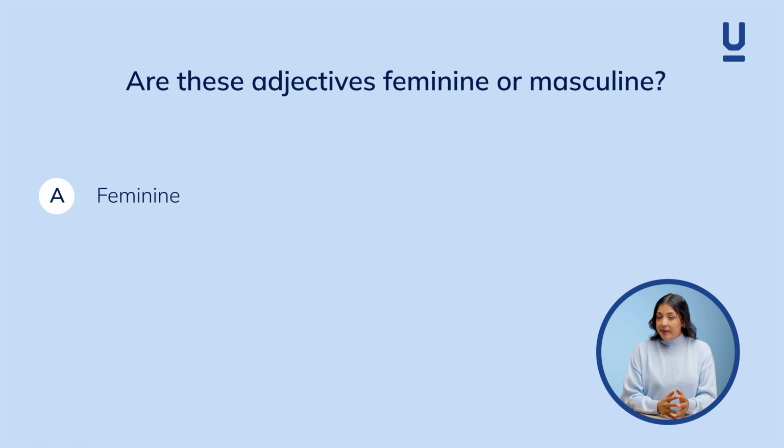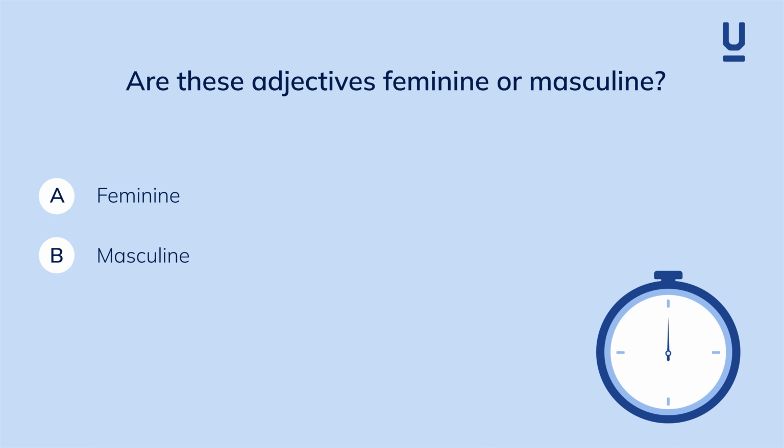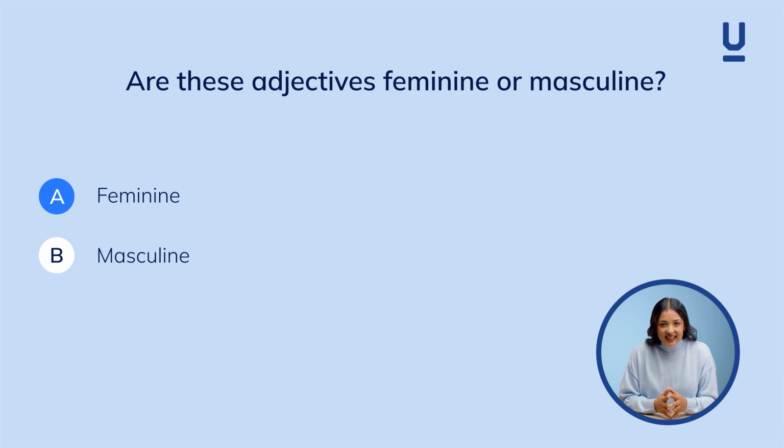A. Feminine. B. Masculine. You get it! They are feminine. Most of the time, feminine words have the letter A at the end.